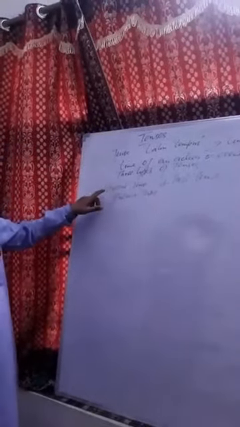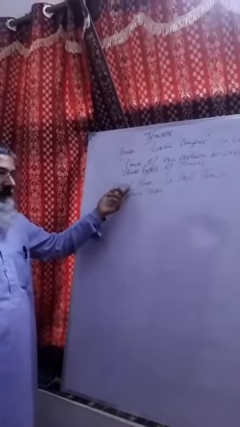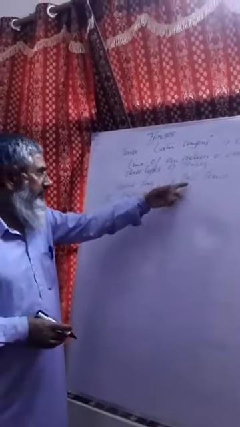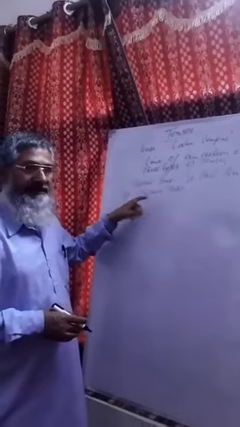Present tense means what's happening now or today. Past tense, what happened yesterday, for example. And future tense, what's going to happen.